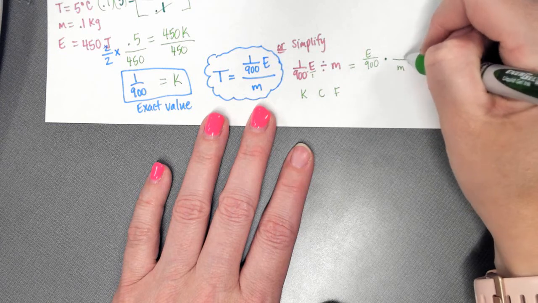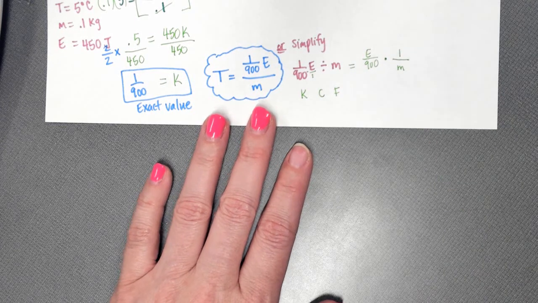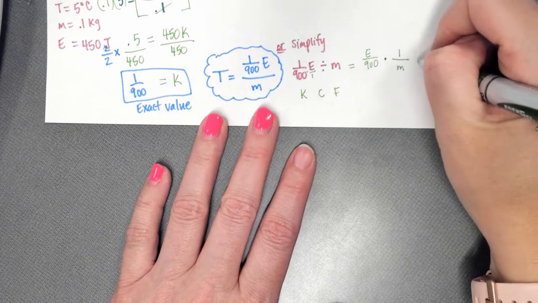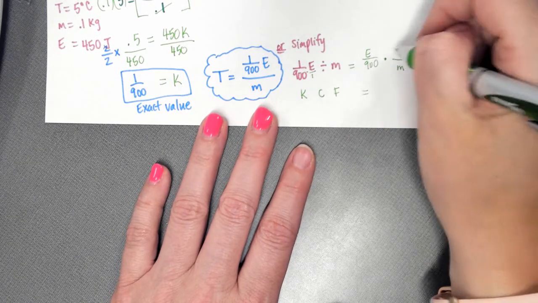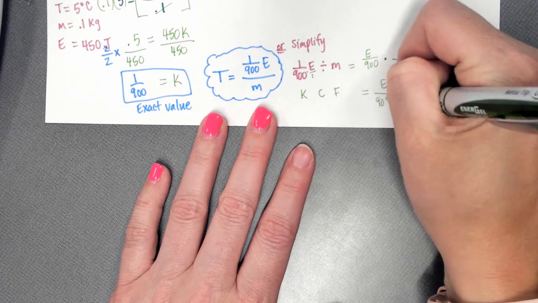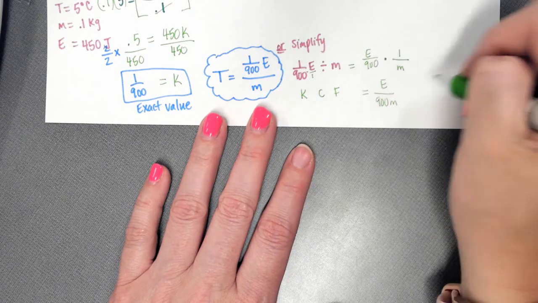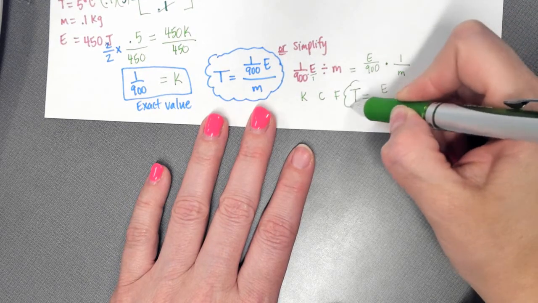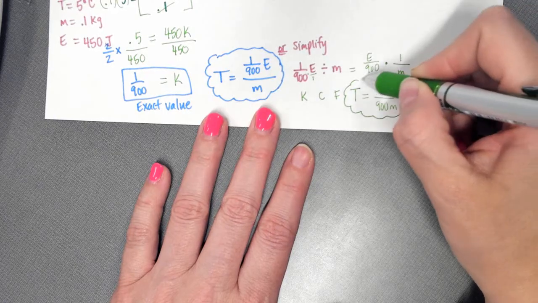So m goes on the bottom, 1 goes on the top. And then you just multiply fractions straight across. Okay, so if you multiply e times 1, you get e. 900 times m, you get 900m.